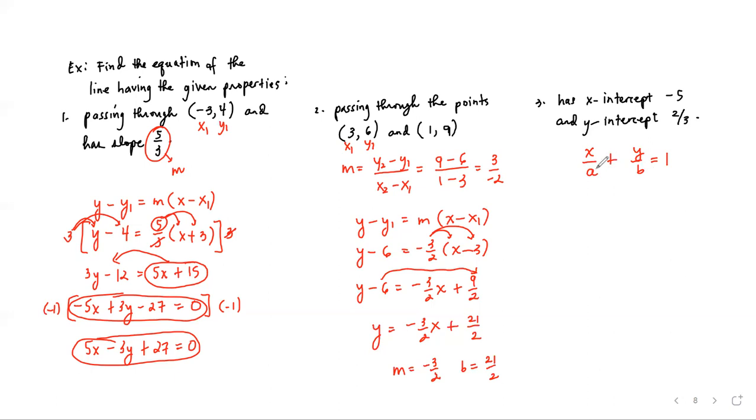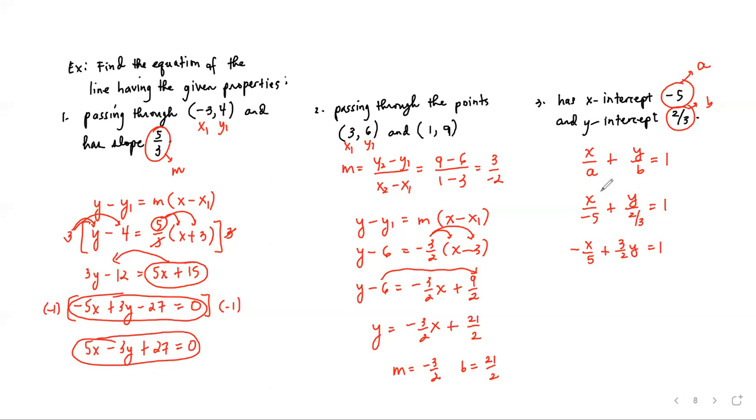So plugging in the values for a, which is -5, and for b, which is 2/3, we get x/-5 plus y/(2/3) equals 1. So rewriting this equation in simpler format, we have -x/5 plus 3/2 times y equals 1. So we get the reciprocal of 2/3 and multiply it by y, and we get 3/2 times y.